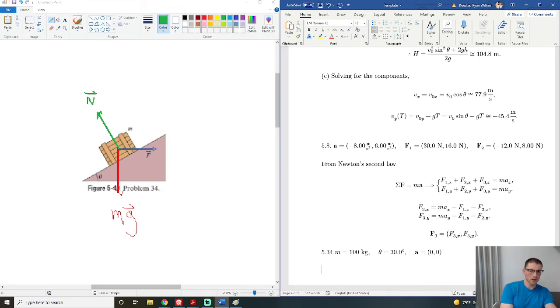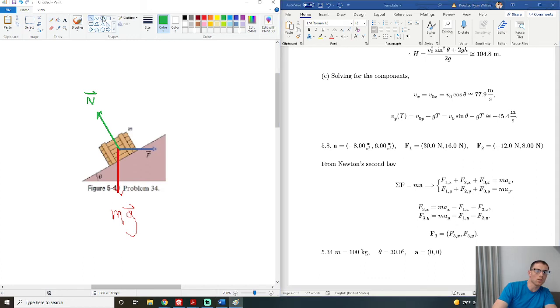Okay, so remember that the first thing we want to do is define our x and y directions. Somebody was asking me about this one earlier, actually, and I think here it would be okay if you use the regular xy axes, but I am inclined to rotate my axes.